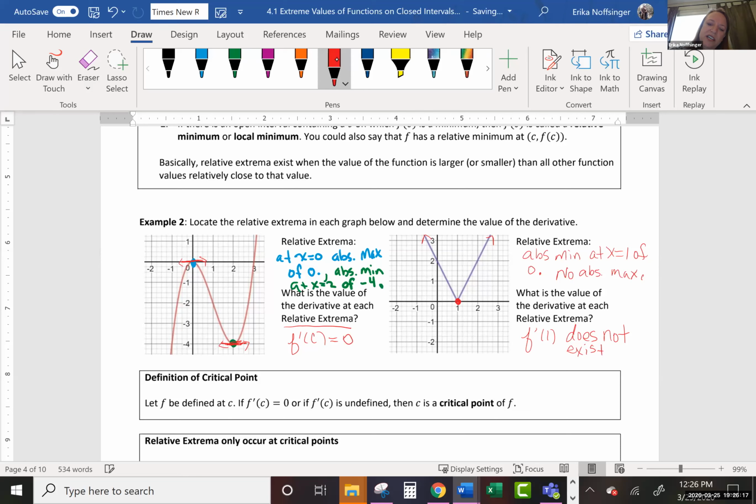Looking at my tangent line, if I'm coming this way, it would be negative. But if I'm doing it this way, it's positive. It's not the same value, and so it just doesn't exist.